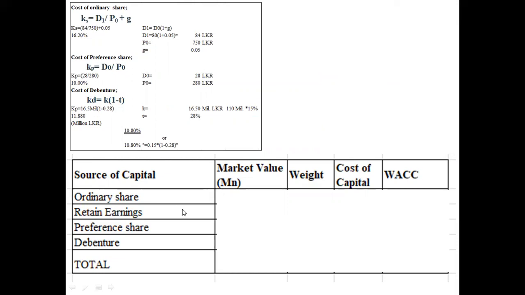Here we have identified the sources of capital: ordinary shares, retained earnings, preference shares, debentures. Then we can put the market values for these sources. Ordinary shares market value 750, retained earnings 0, preference shares 180, debentures 110. You may be doubtful, even I am doubtful why we put this 110 here, but normally we practice putting this 110.